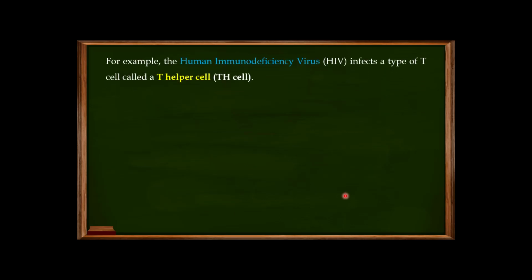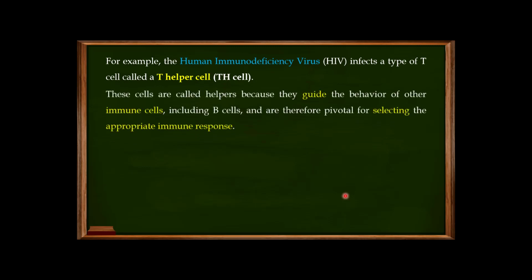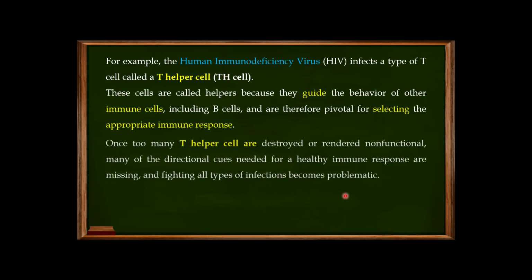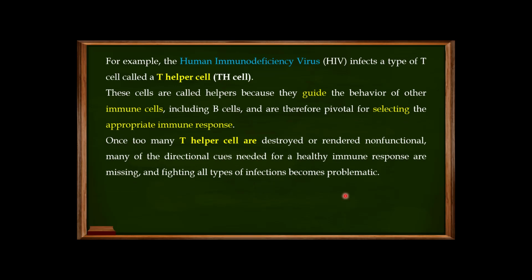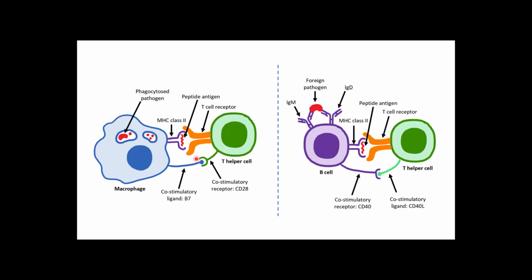Now, if you look at this slide, this is the repetition of this particular slide. Forget about this, we already discussed this thing. This one is a macrophage, and this is a helper T cell. So the helper T cell is going to help the macrophage clear the phagocytosed pathogens from the body.